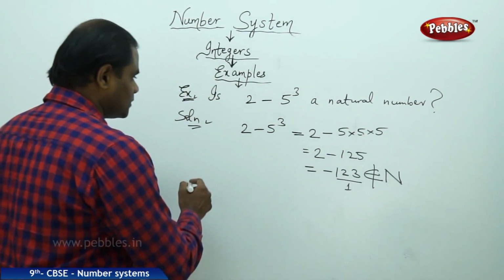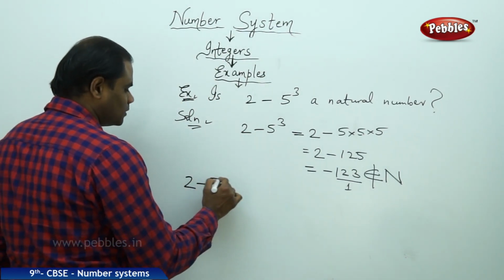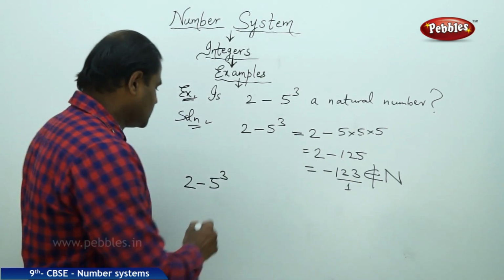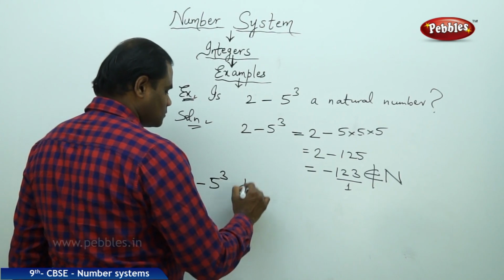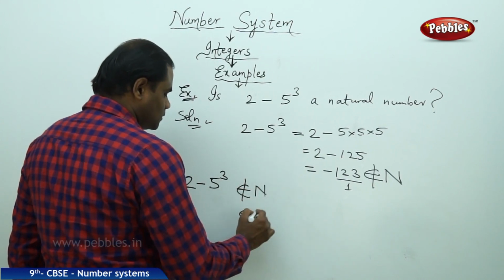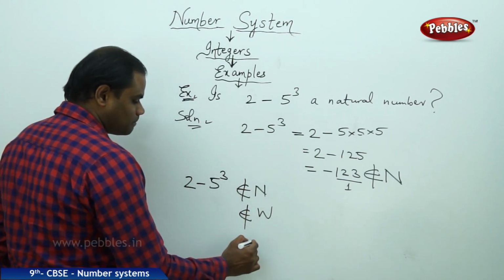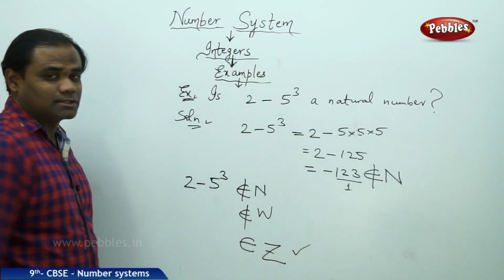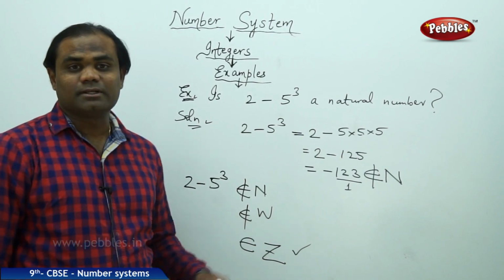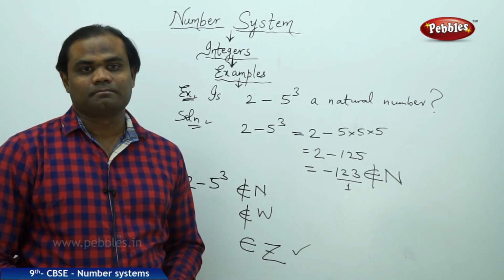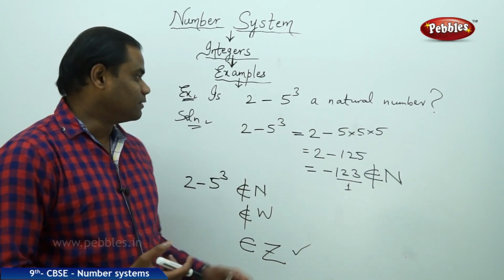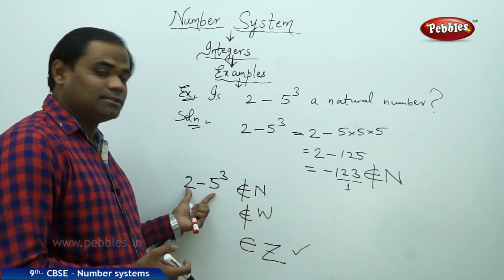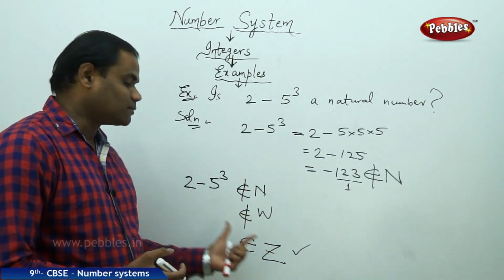Therefore, 2 minus 5 cube, which is indirectly expressed as minus 123, is not a natural number, not a whole number, but is an integer, because it is accepted in the set Z. This is how we understand the different classification of numbers, justified through N, W and Z.